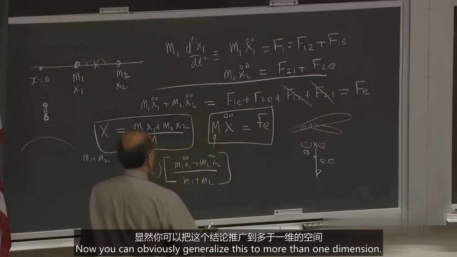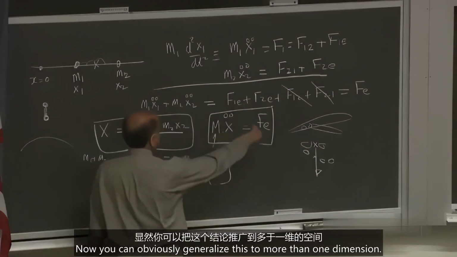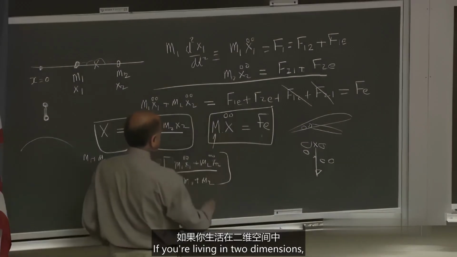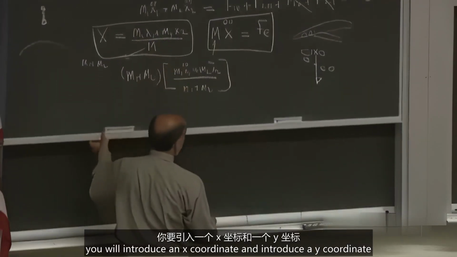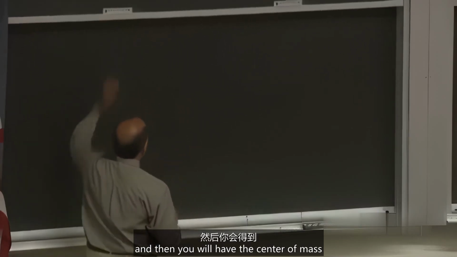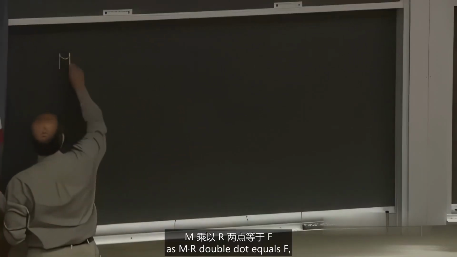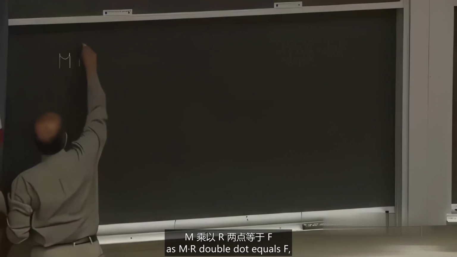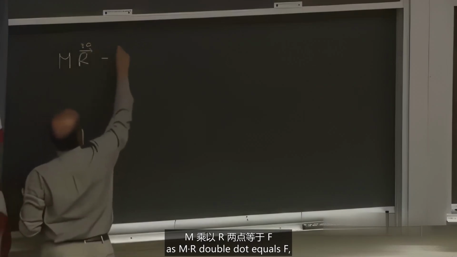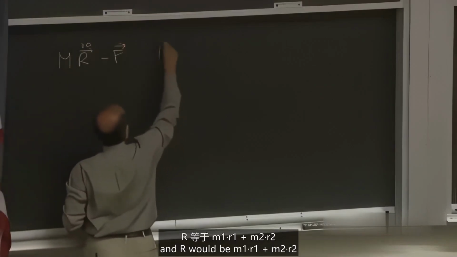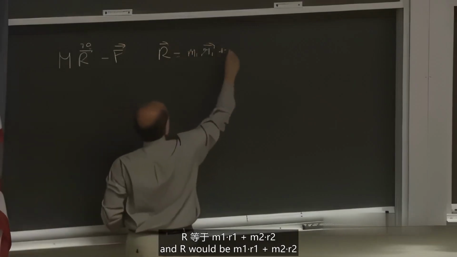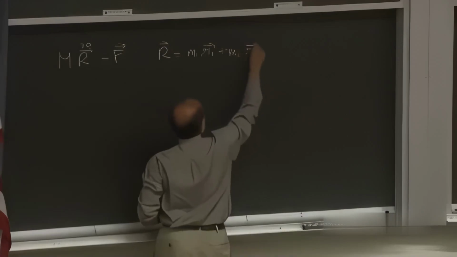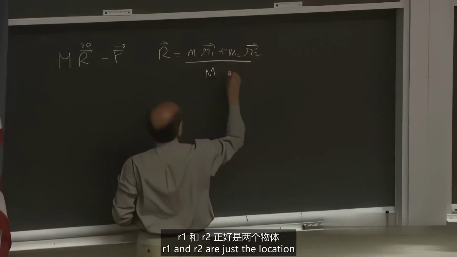So here's another example. Now you can obviously generalize this to more than one dimension. If you're living in two dimensions, you will introduce an x coordinate, introduce a y coordinate, and then you will have the center of mass as M R double dot equal to F, and R would be M1 R1 plus M2 R2 divided by the total mass.